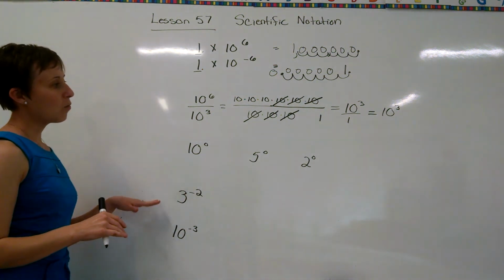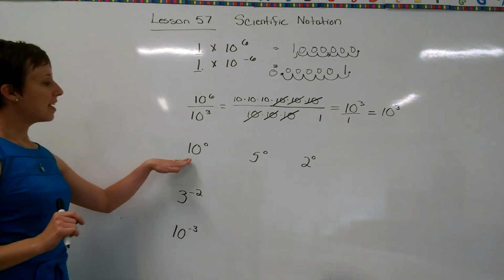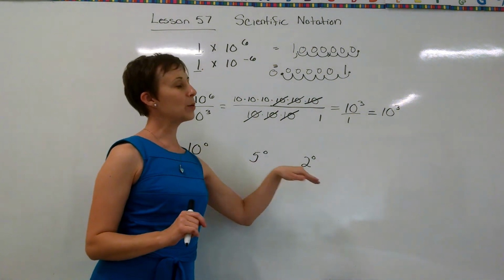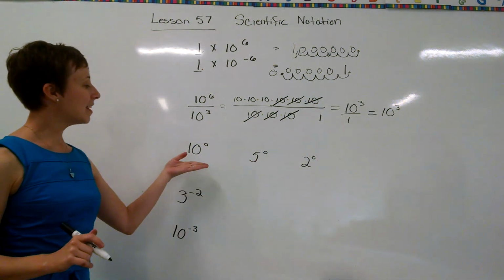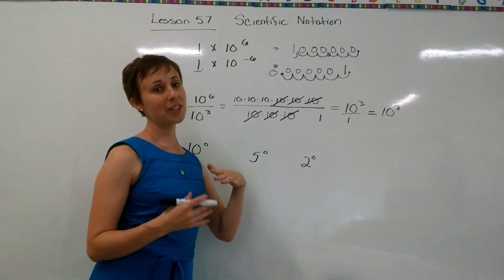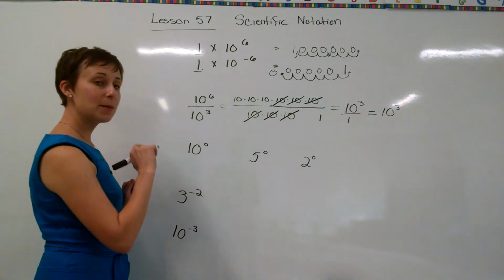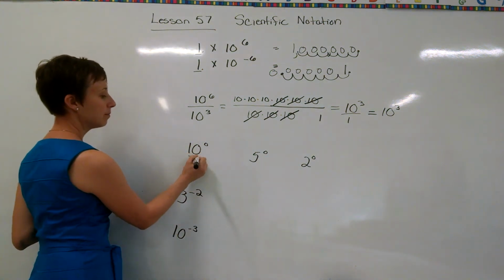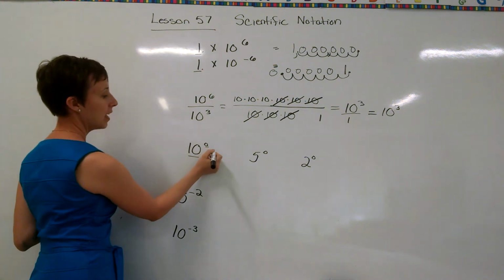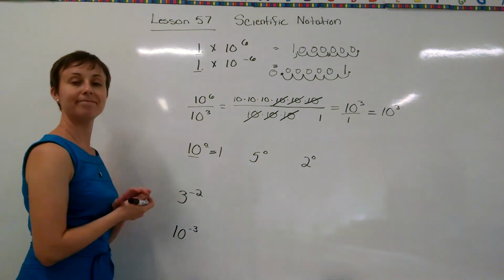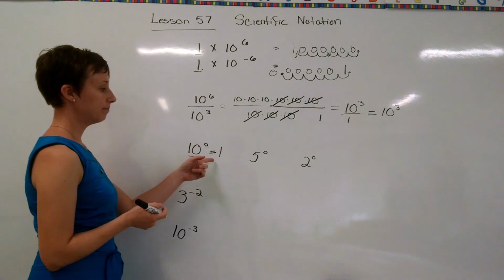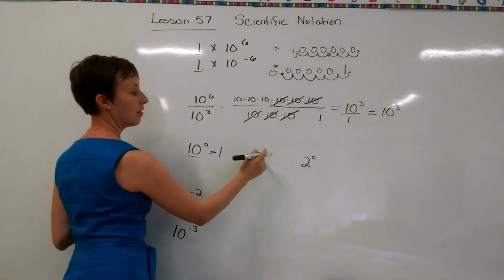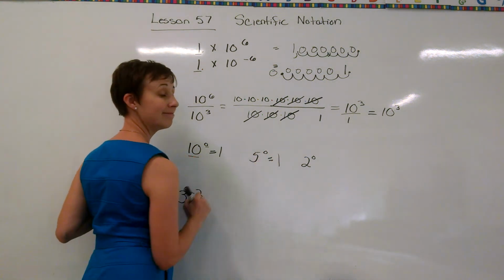Let's look at a few more ways that we can play with our numbers. 10 to the 0, 5 to the 0, 2 to the 0. This is a rule that you just have to remember. There's not an easy way to write it out, but it's a very simple rule. Any number to the 0 power equals 1. 10 to the 0 is 1. 5 to the 0 is 1.